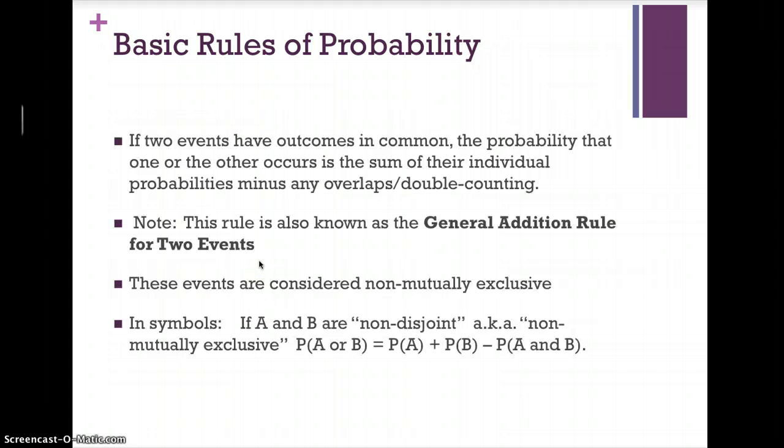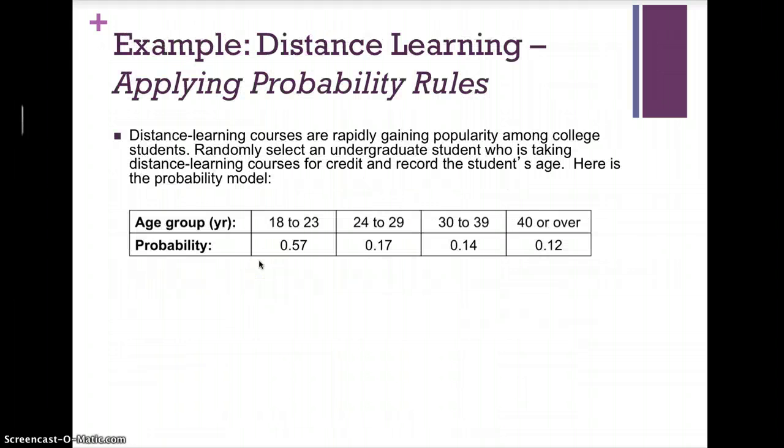Let's look at some examples. Okay. So, distance learning courses are rapidly gaining popularity among college students. Randomly select an undergraduate student who is taking distance learning courses for credit and record the student's age. Here is the probability model. Show that this is a legitimate probability model.